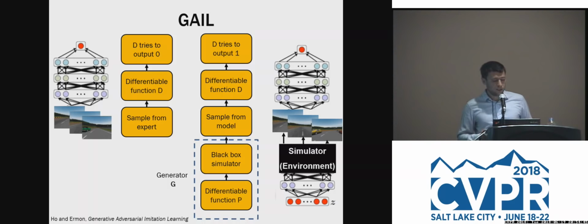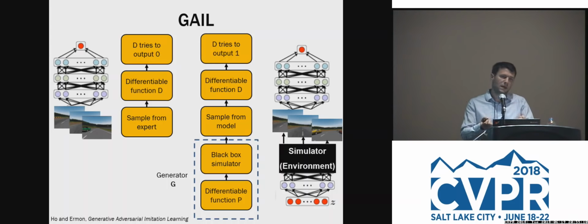The challenge is that training this model is harder. When you have a GAN, training D is just like in a regular GAN, it's easy. The challenge is how to train the policy so that you're going in the direction of fooling the discriminator D. Unlike a traditional GAN, the generator is not differentiable. You have this simulator, the environment, which is something you cannot control.